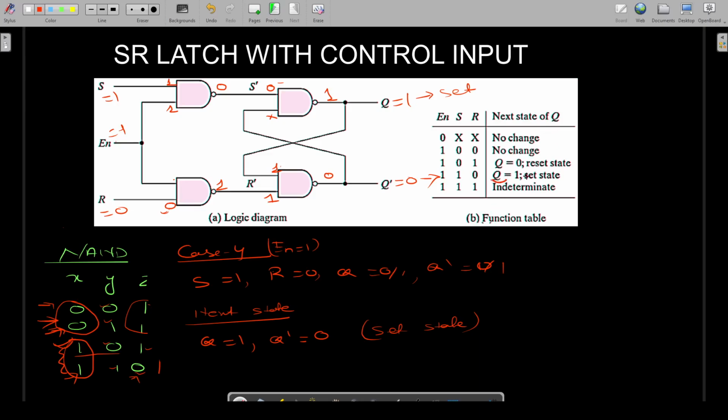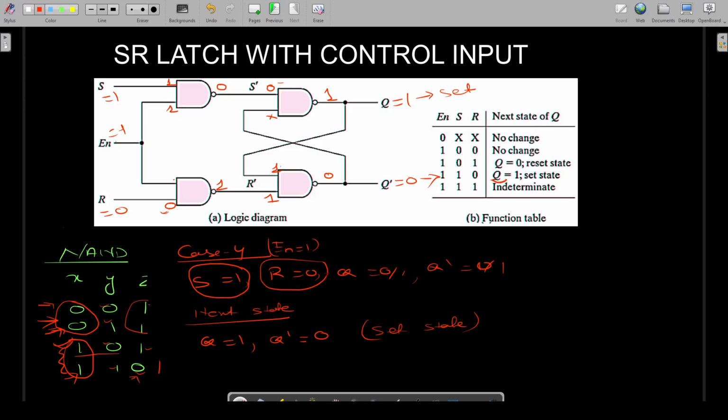So this is what is written here. If you see in the table, we are not mentioning even Q dash or Q bar. We are only mentioning Q because Q and Q bar are always complements of each other. It is called the set state. So what is set state? When the set input or S input is equal to 1, when the reset input or R input is equal to 0, then the latch will be in the set state.